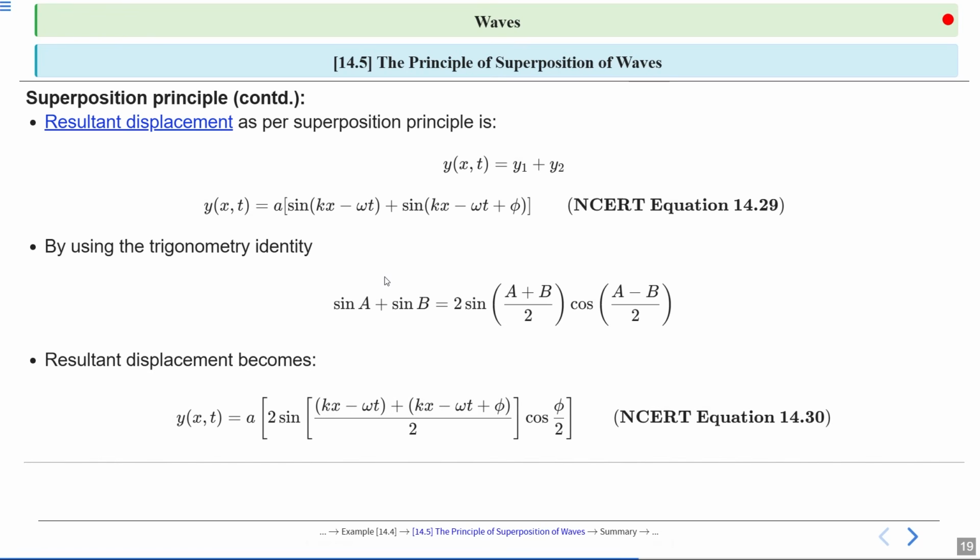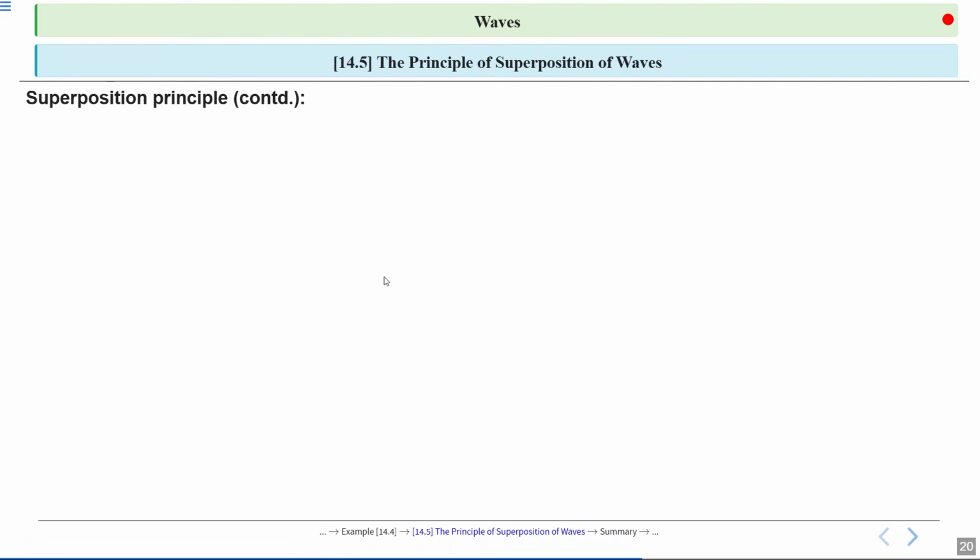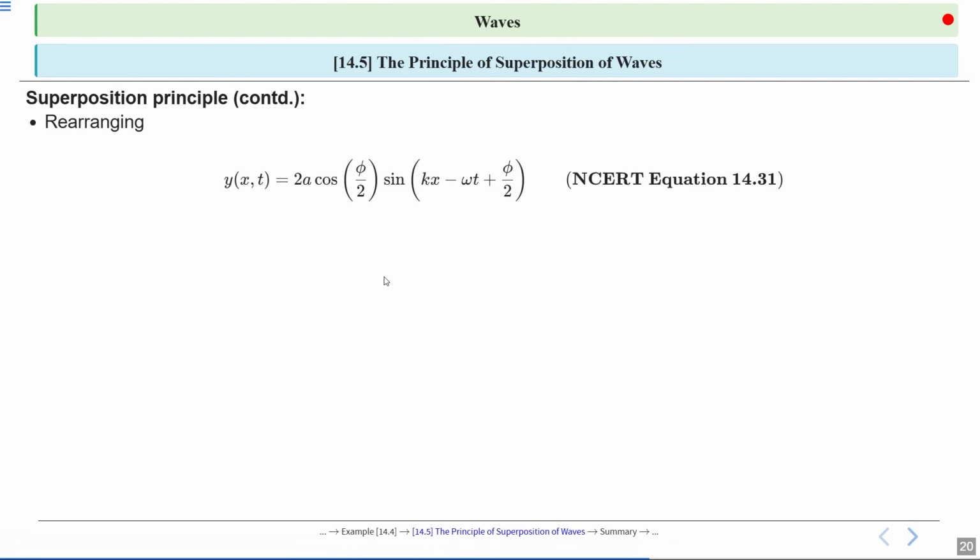Applying the identity, we get the resultant displacement as y of x,t is equal to a times 2 sine((kx minus omega t plus kx minus omega t plus phi) divided by 2) times cos(phi by 2). So, rearranging the terms, y of x,t is equal to 2a cos(phi by 2) times sine(kx minus omega t plus phi by 2).